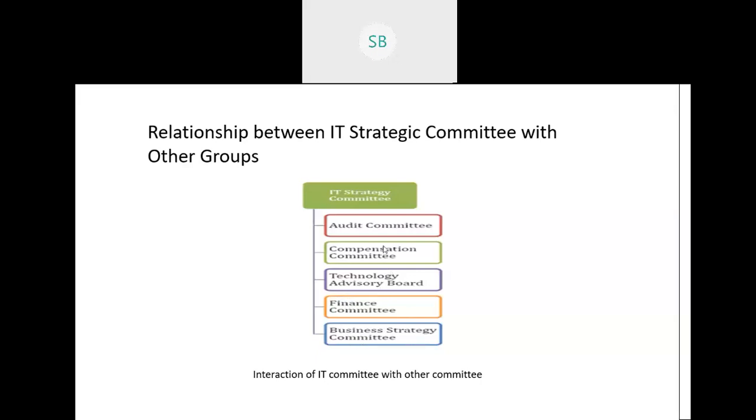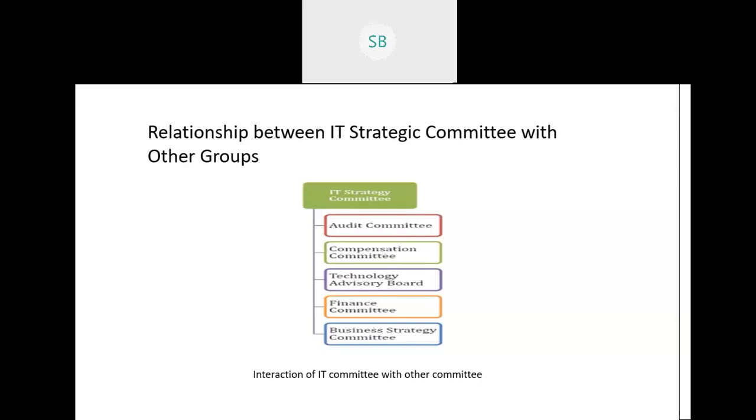What does the audit committee do? It checks whether you are moving in the right direction. Based on your past experience and past work, they give their valuable feedback. It is conducted by senior level managers only, things done by the CEOs and the IT strategy committee.